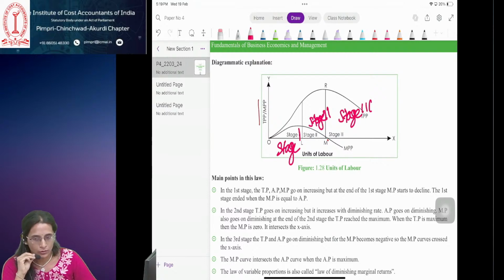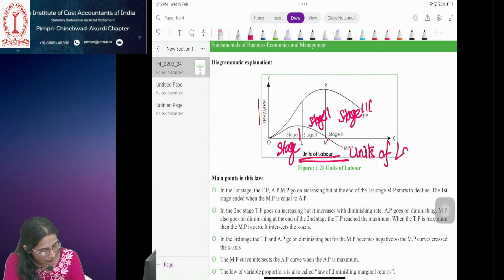On the x-axis we have units of labor. That is the variable factor, right? We saw one factor is variable, other factors are all constant. So the units of labor will change. Other factors are not changing, so we will not consider them here.